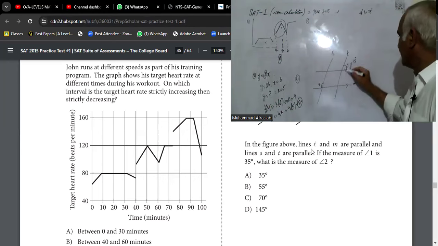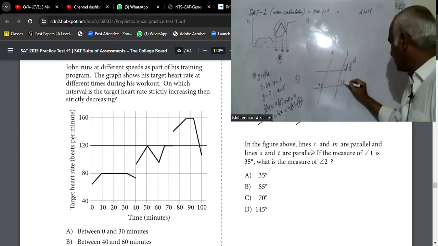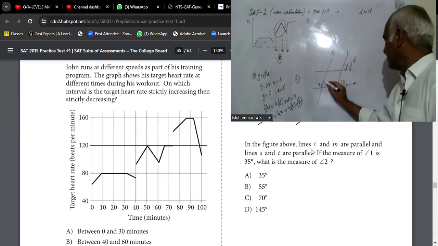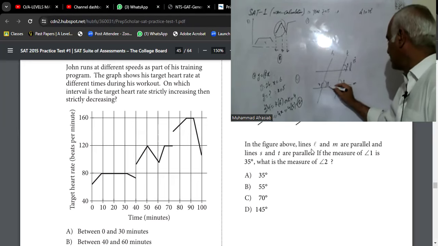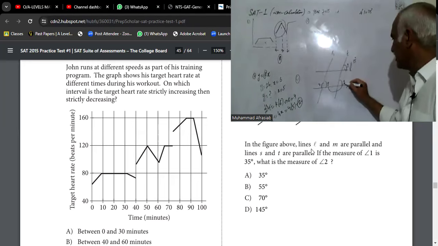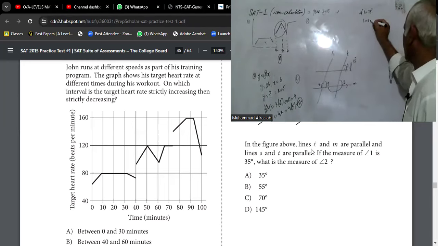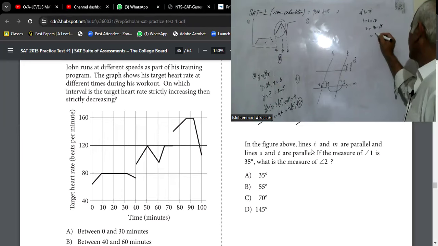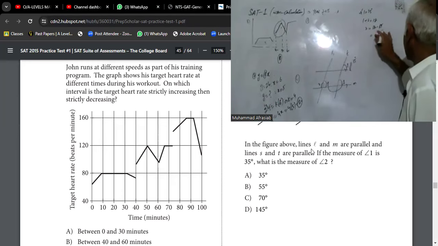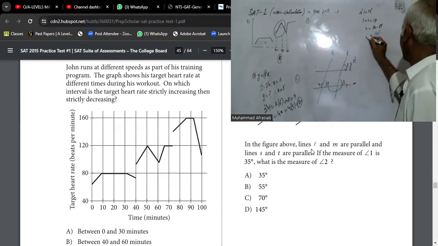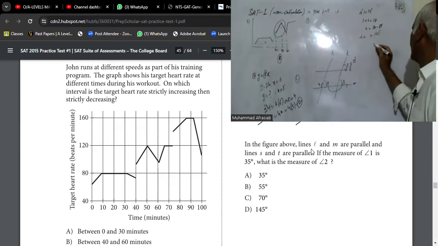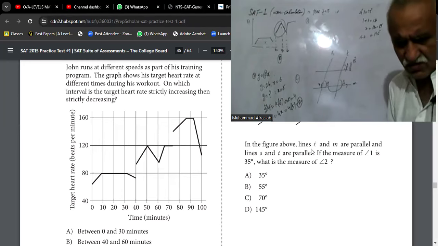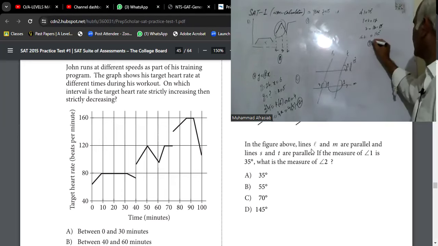Then this will be angle 1 because they are corresponding angles, and 1 plus 2 is equal to 180. So angle 2 is equal to 180 minus 35, which is 145. So angle 2 is equal to 145 degrees, and this is the answer, choice D.